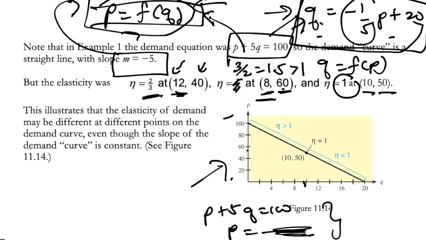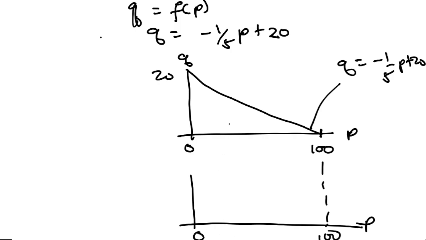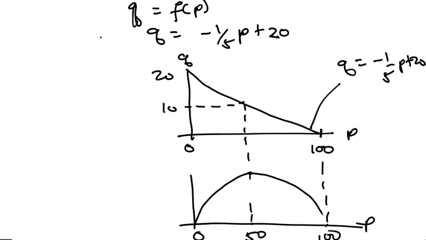Now here, if I put P here, then it's 100 here, 0. Then here it is 10, then here it is 50. Here it's going to be the other way around.